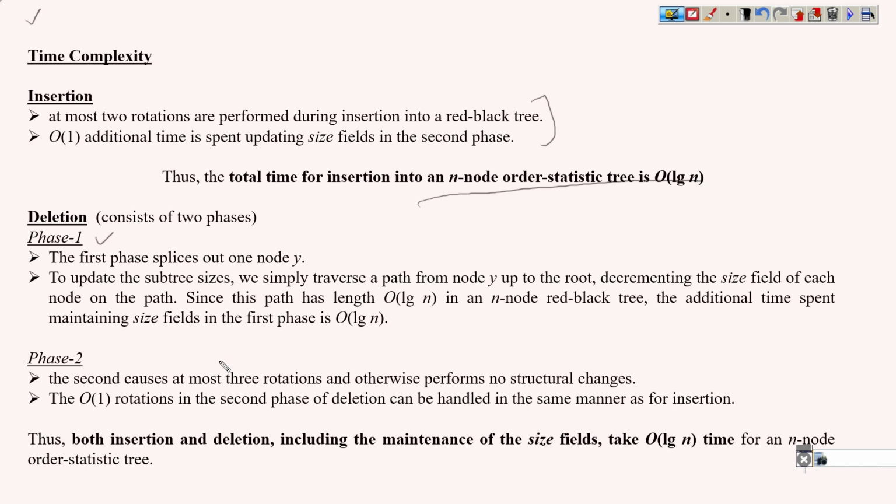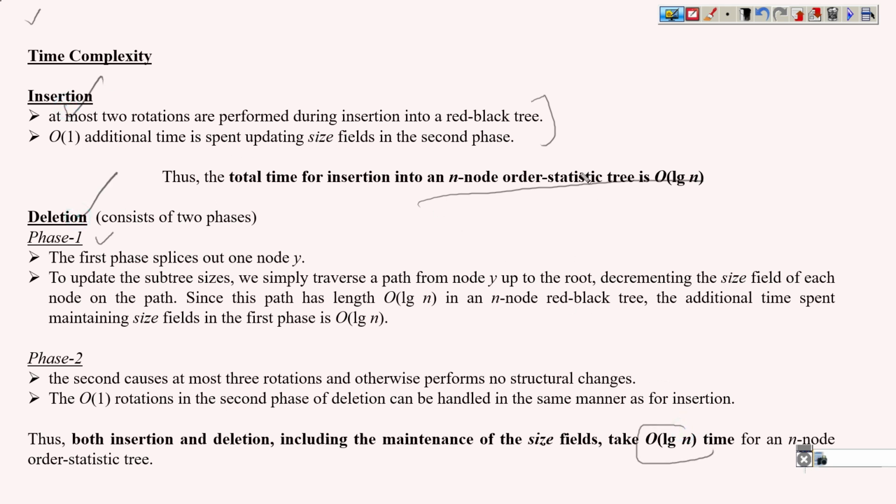The impact of a rotation is only on two nodes, so we use the same strategy to set the size field as we discussed in the insertion case. Setting the size field for two nodes is again a constant operation. So as a whole, for insertion and for deletion, the cost remains log n.